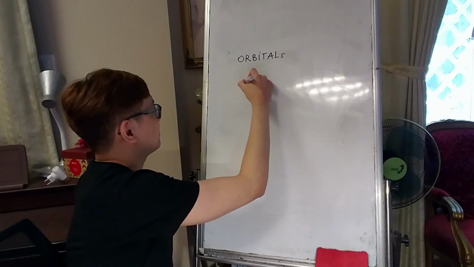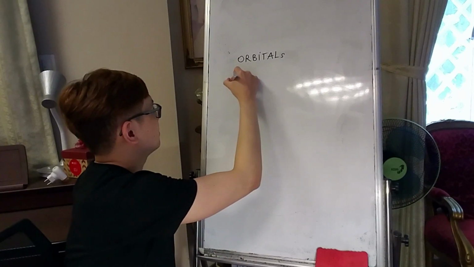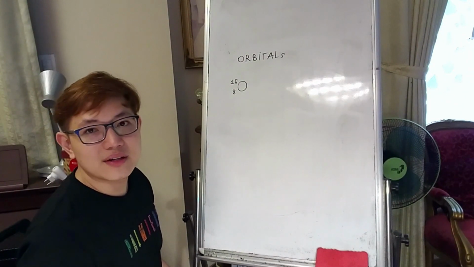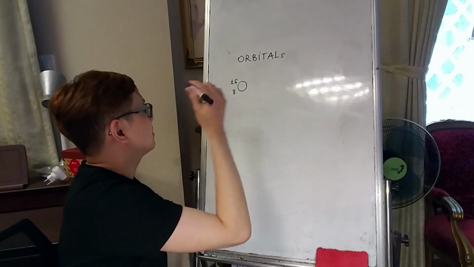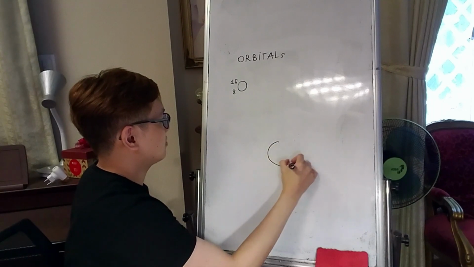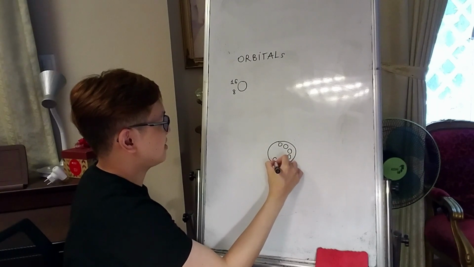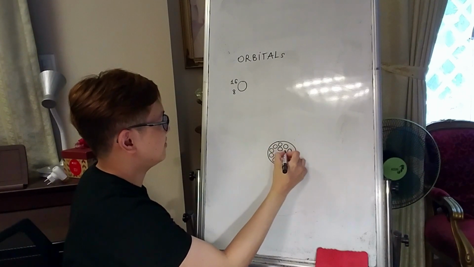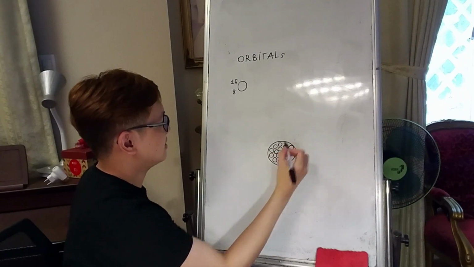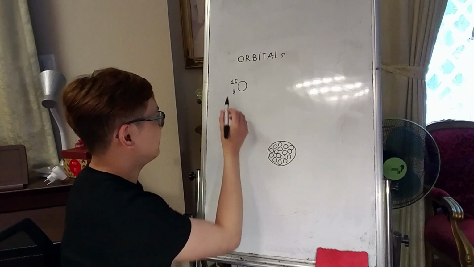So for example, I have, say, oxygen 16-8. If I have an oxygen 16-8, the orbitals surrounding my center, it's going to have 16 different particles inside the nucleus, and they have 8 positive.